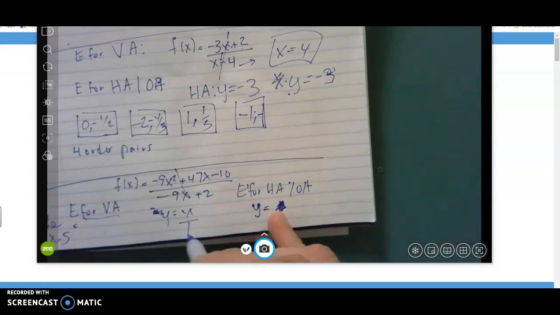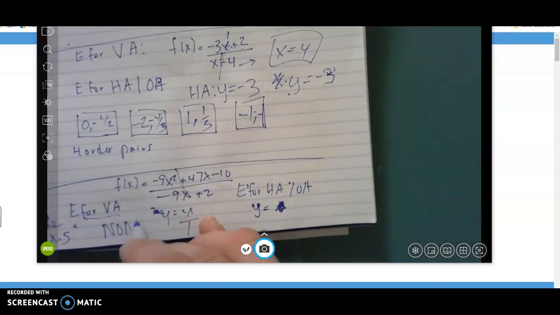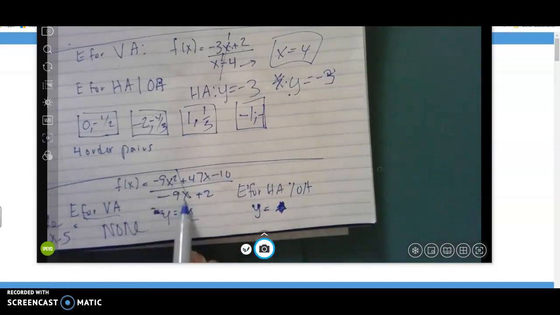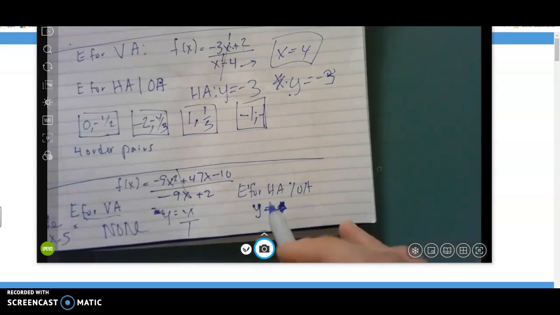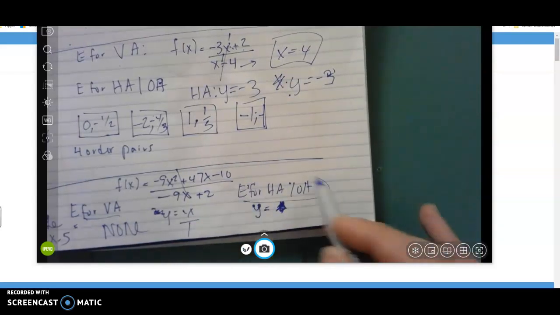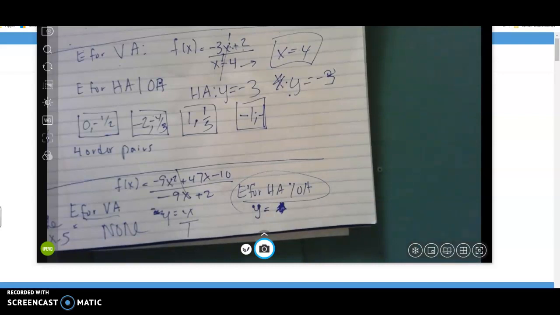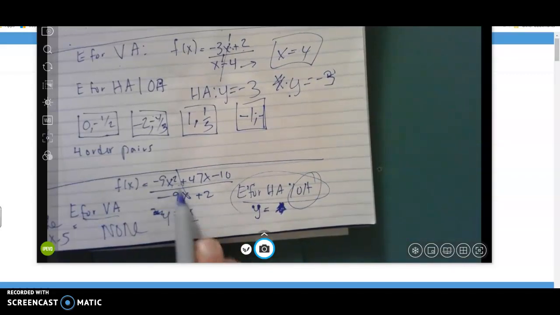So for a vertical asymptote, there's going to be none, because I'm not going to have a variable left in the denominator after I simplify that. For a horizontal asymptote, it's not going to be one because I don't have the same power, but maybe it can be an oblique asymptote. You see how the numerator has an exponent that's 1 higher than the denominator?